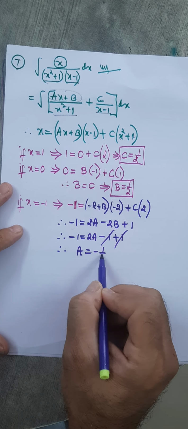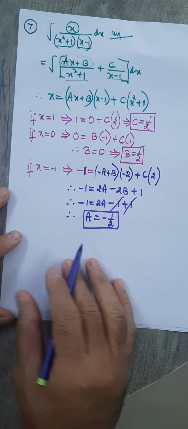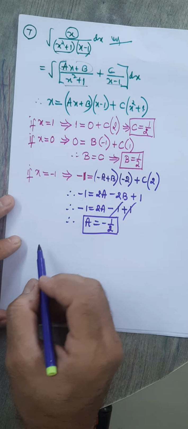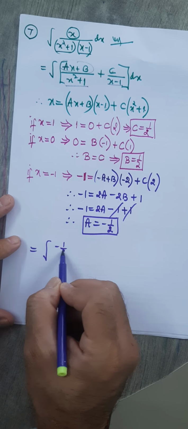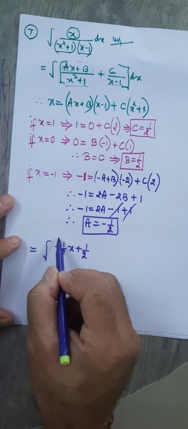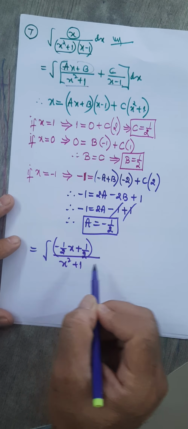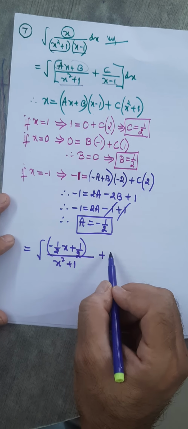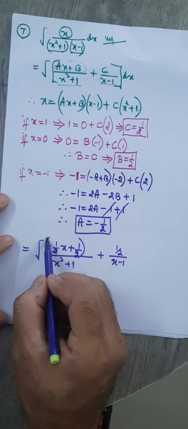So a is minus 1 by 2. So you got all the three values. Now I'm putting these values here. So this integral would be, what is a? Minus 1 by 2x. What is b? 1 by 2, upon this quadratic, that is x square plus 1. Plus, what is c? That is also half, upon x minus 1.